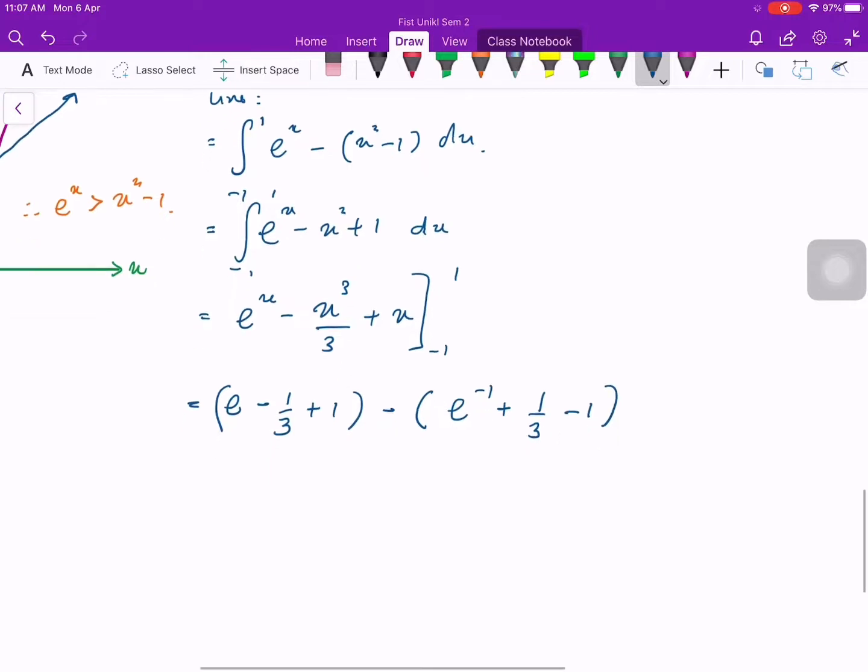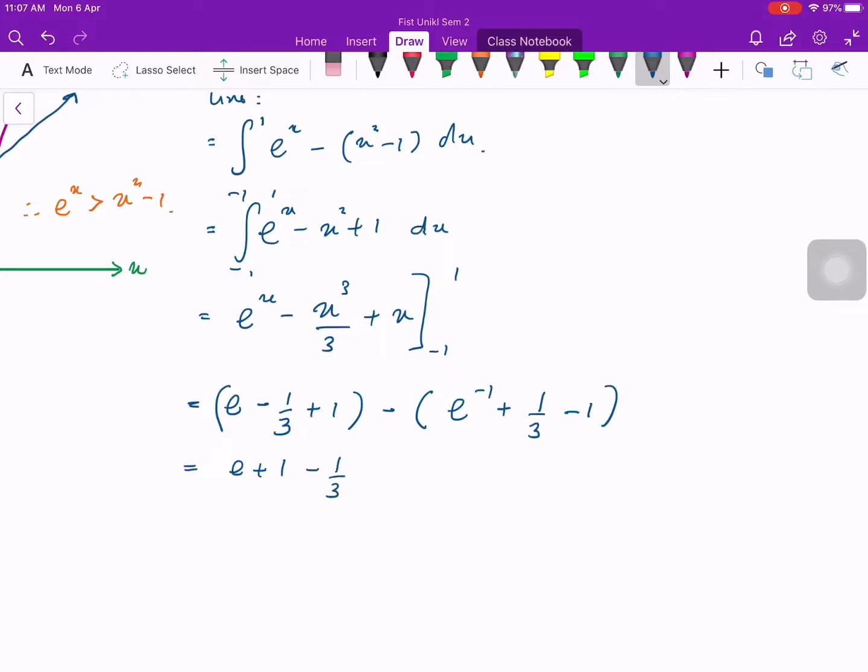Okay, so now we're going to simplify this. We equalize the denominators. Here we get e plus 1, minus 1 over 3.